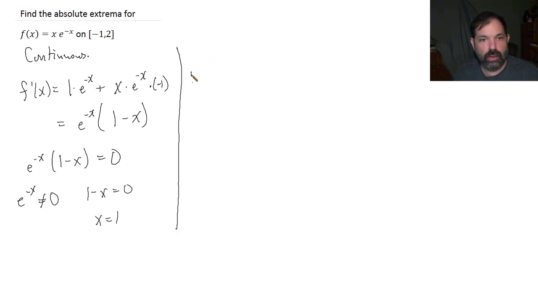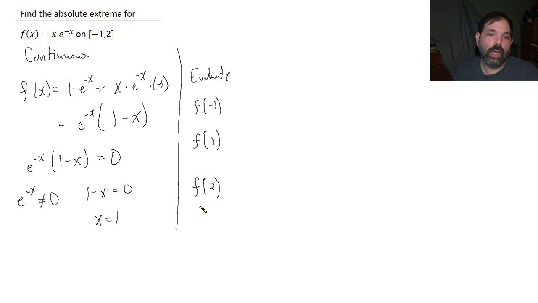And so let's evaluate the function at -1, the function at 1, and the function at 2. Since this involves exponentials, I'll go ahead and use a calculator at some point, but the actual evaluation is not difficult. The approximation is difficult because of the exponentials. F of -1 would simply be negative e to the first power, right? -1 times e to the opposite of -1.